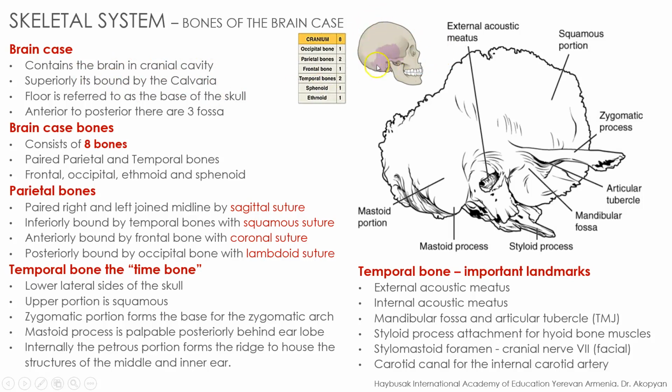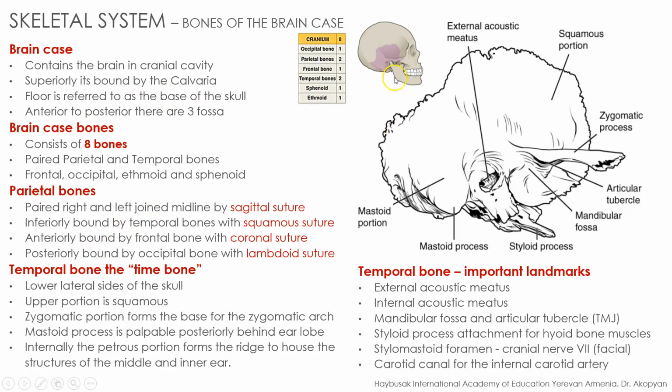Inferiorly, it forms the base of the skull. As I said earlier, there are 3 fossae: anterior, middle, and posterior. The bones that form the brain case, or the cranium, are the 8 bones that we discussed earlier: pair of parietal bones, pair of temporal bones, occipital, frontal, sphenoid, and ethmoid bone.